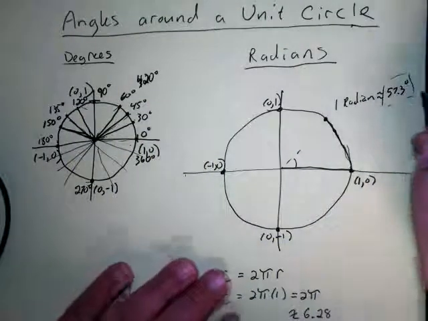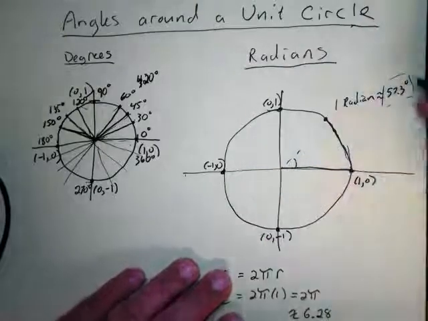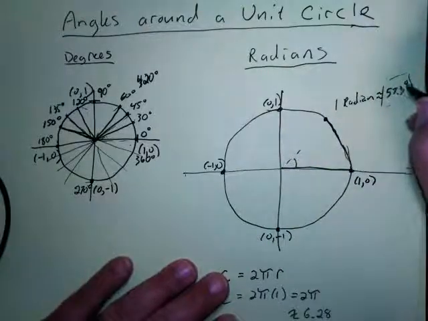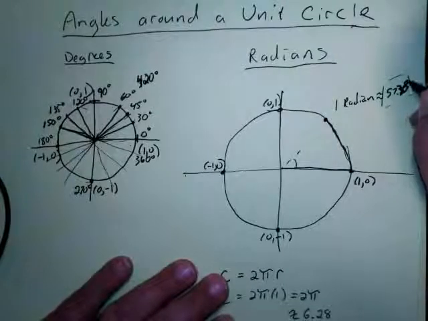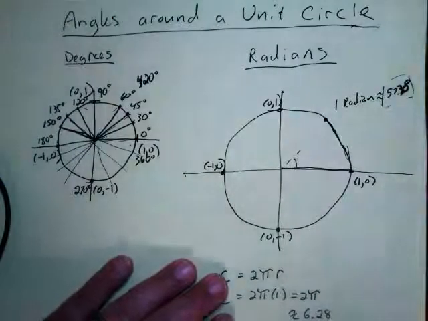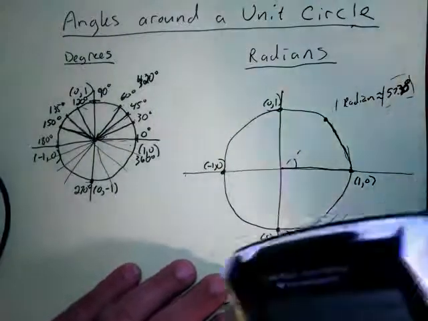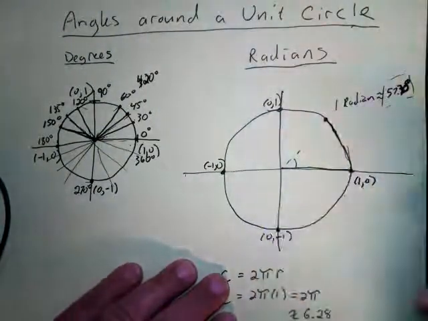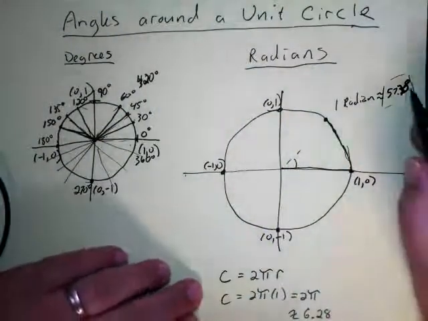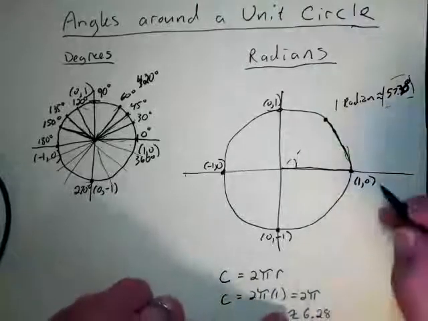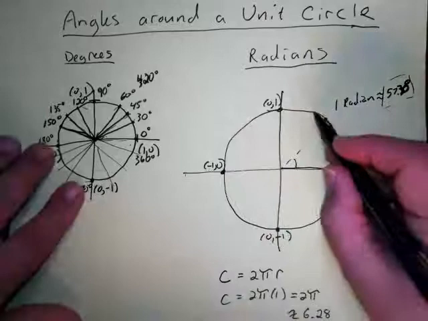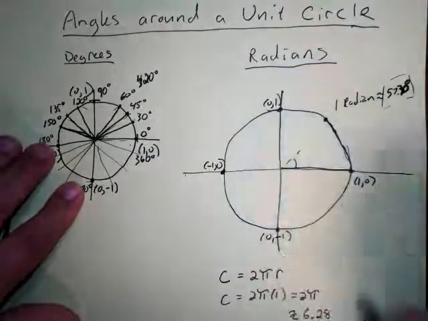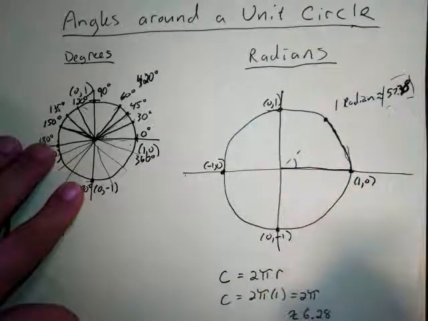If I round all of these to 2 decimal places, this is really 57.30 degrees. It would have rounded up, but it would have been a 0 there. So if you go all the way around the circle, the actual distance you measure around the circle is 6.28 units.